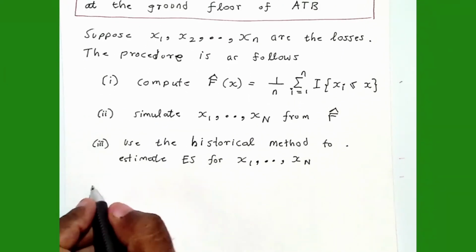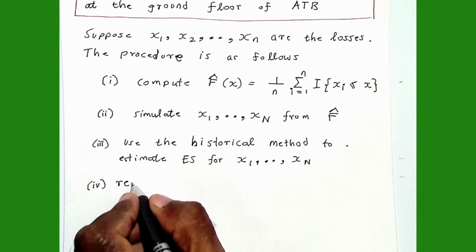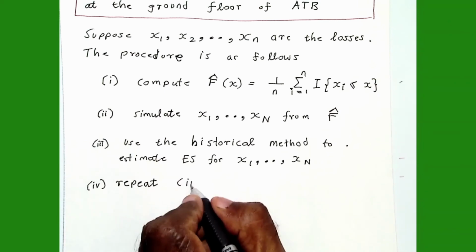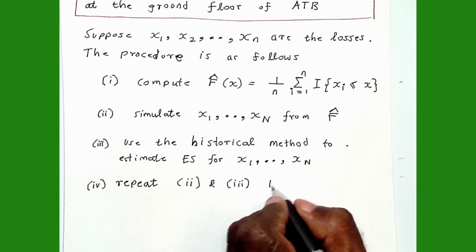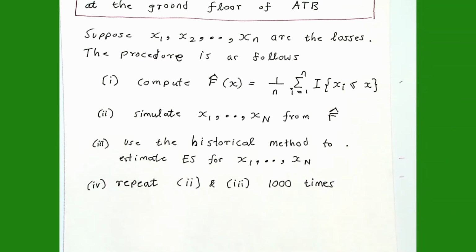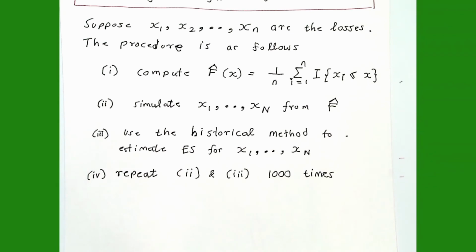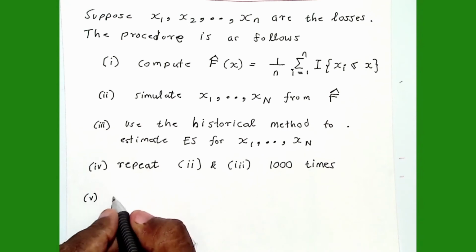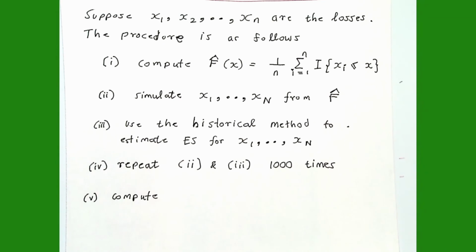Okay, and step 4 is to repeat step 2 and step 3 1,000 times. So you're going to repeat these 2 steps 1,000 times. And step 5 is to compute the following.